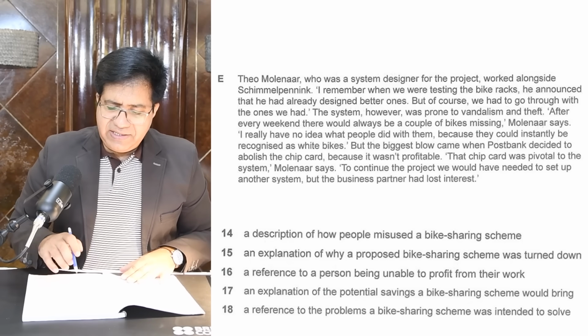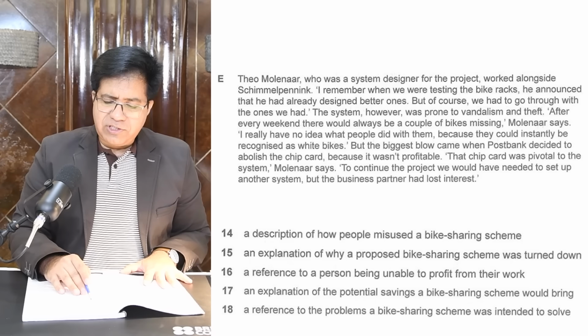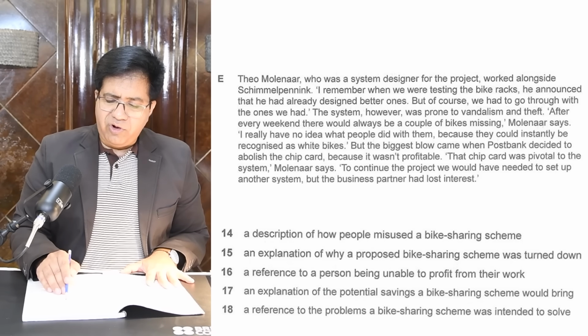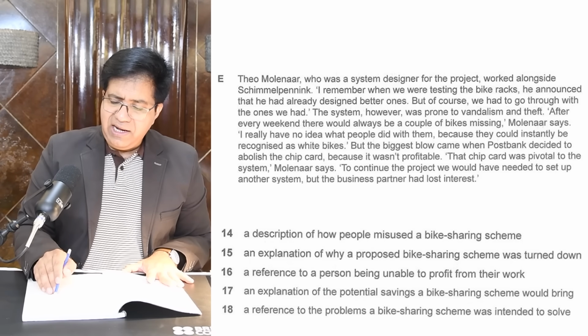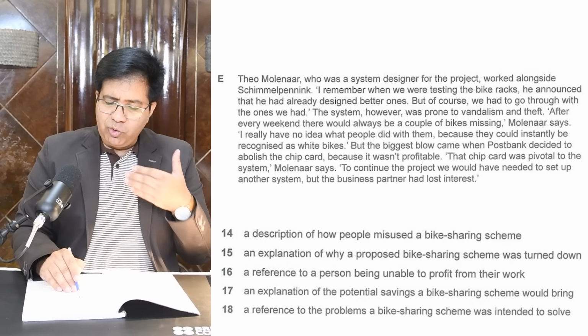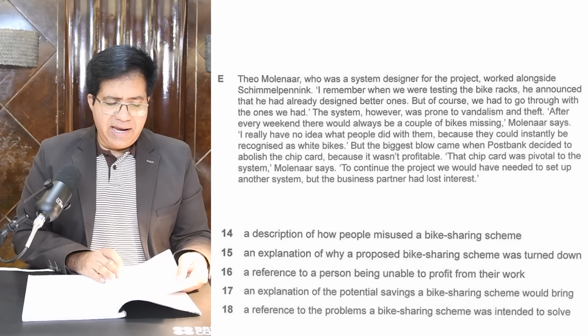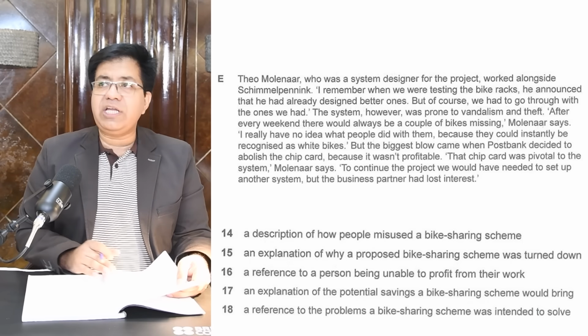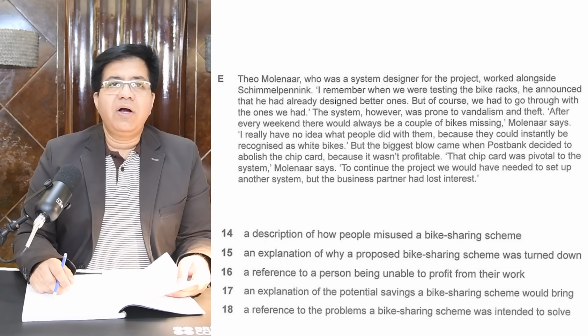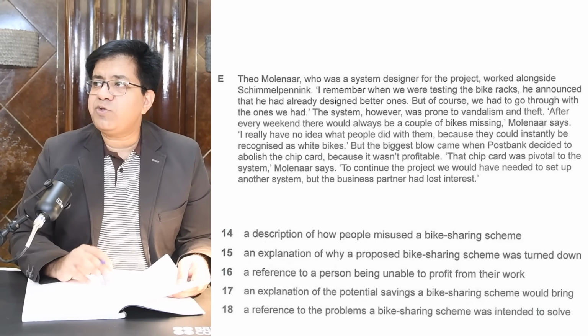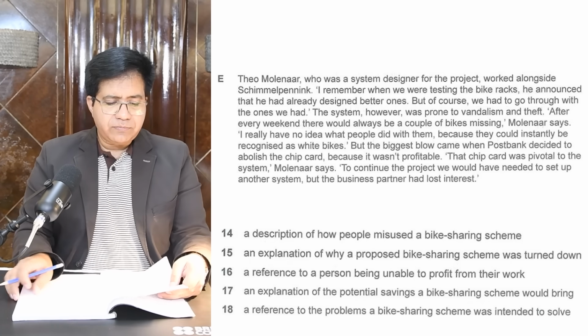Paragraph E. Well done. Paragraph E, fourth line. System, however, was prone to vandalism and theft. And people stole the bikes, and every weekend 2-3 bikes were missing. So correct answer for question number 14 is E. Got it? That is why I recommend this question type at the end.